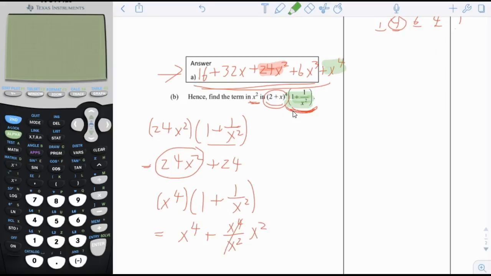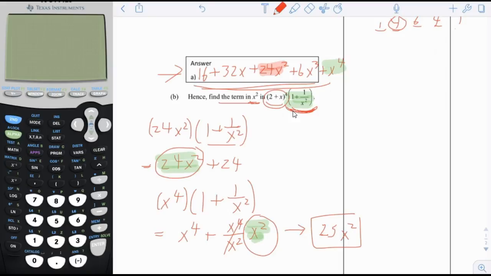So now we also have an x squared term here. So there's going to be two parts to this, 24x squared and 1x squared. If we add those together, it gives us a total of 25x squared. So that is the answer to this: find the term in x squared as a result of multiplying those two together.